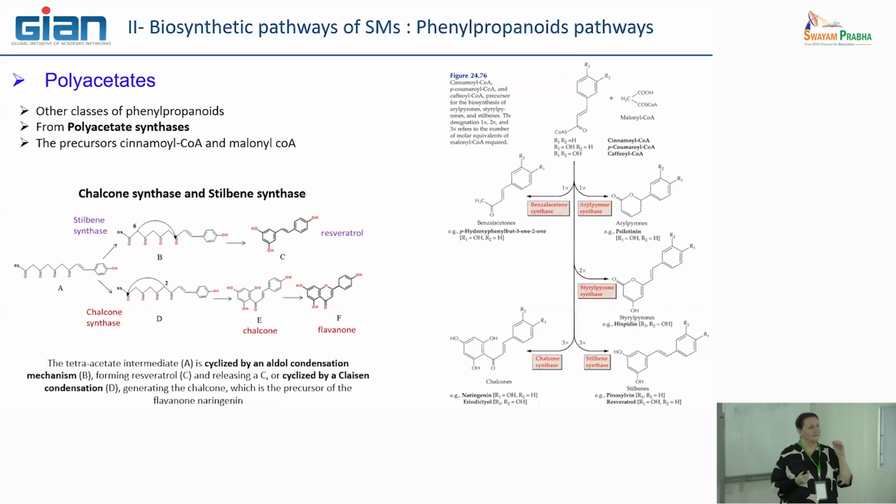So it seems there is also a family of stilbene synthase genes that will have all the polymerization activity. We don't know if only one is able to polymerize in 1, 2, 3, or 4 units, or if one specific stilbene synthase enzyme is necessary for each step of the polymerization. So there is a lot of work to do for identifying this.